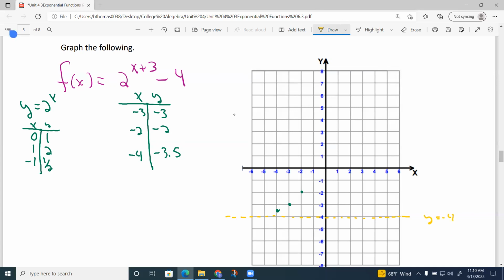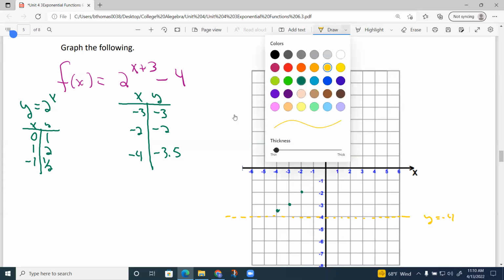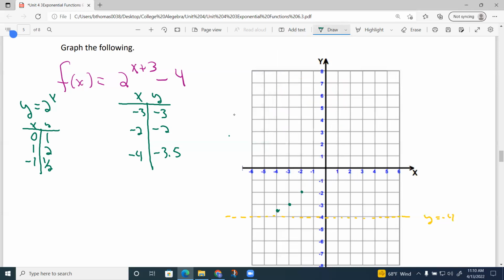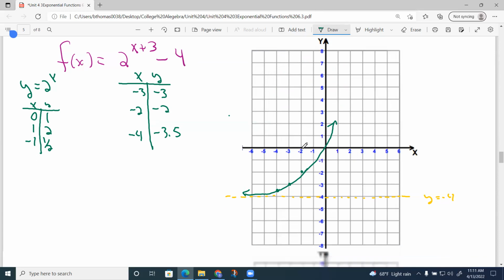When I graph my function, all I have to remember is that it's bounded by that asymptote, and then it's going to take off towards infinity. It should look just like the 2 to the x function, except it's been shifted left 3 and down 4. So there's our equation, our table, and our graph.